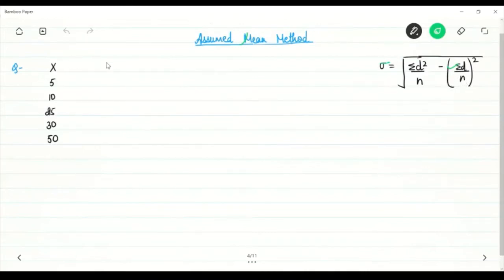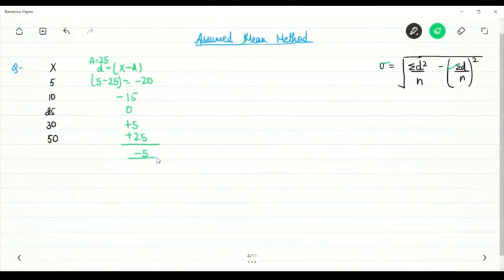First, let us assume 25 as our assumed mean. In order to calculate d, what was the formula? d equals x minus a. Now we will subtract our assumed mean, that is 25, from the observations. So we will get the values minus 20, minus 15, 0, then plus 5 and plus 25.